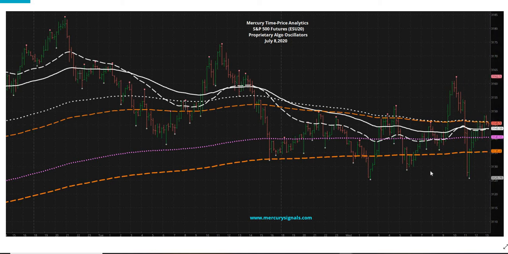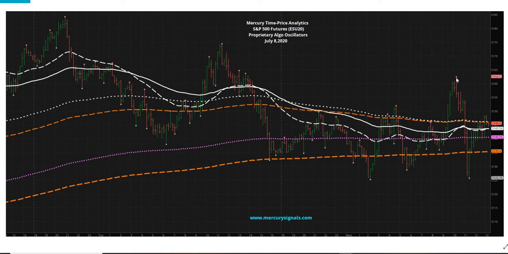What's really interesting about what we saw today is you had a move down to the longest, meaning slowest, oscillator, a move back up into the confluence of these two oscillators, and then you came down and broke this oscillator. You came back up and broke this one on the high side. Then you came down again and broke it.